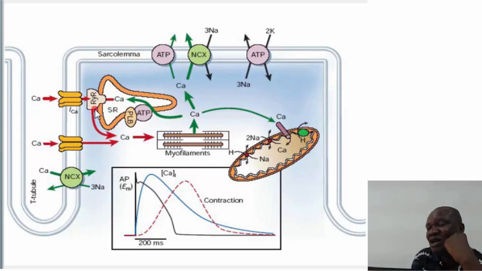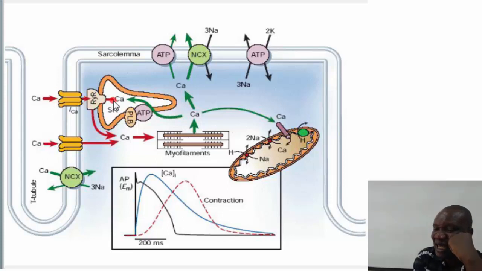Now, the calcium that gets into the cell will cause the ryanodine receptors to open so that some more calcium will come out of the sarcoplasmic reticulum. Now, this process where calcium causes the release of calcium is called a calcium-induced calcium release.